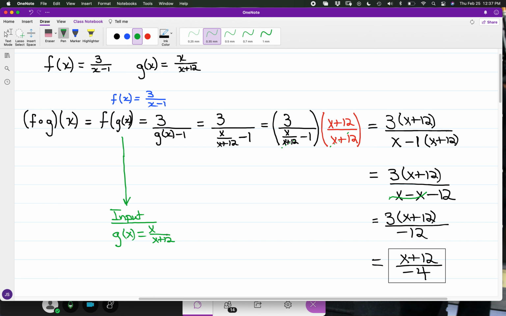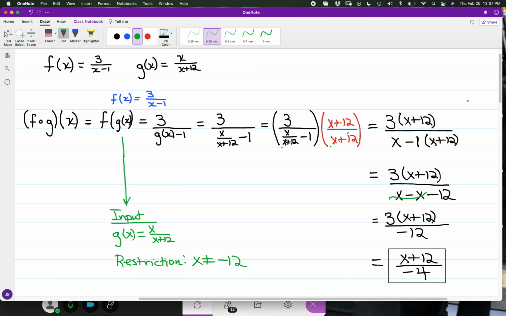And for g of x, there is a restriction, and it is that the denominator cannot be 0. And so, if x plus 12 cannot be 0, well, we have that x cannot be equal to -12.